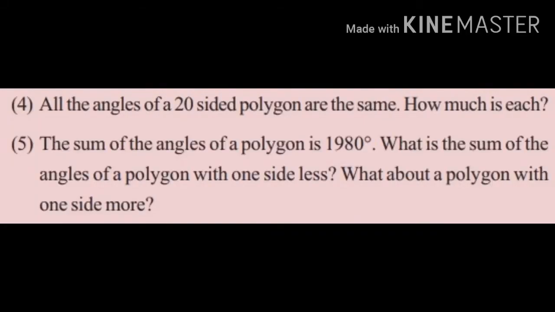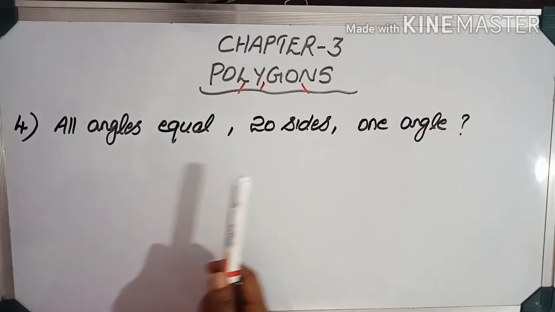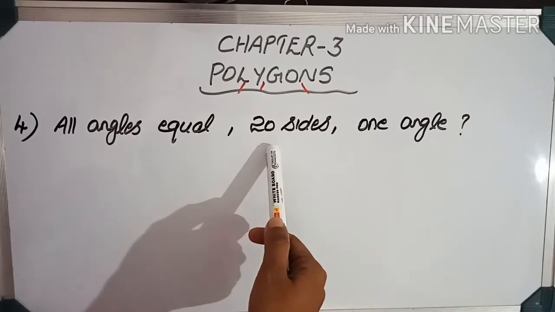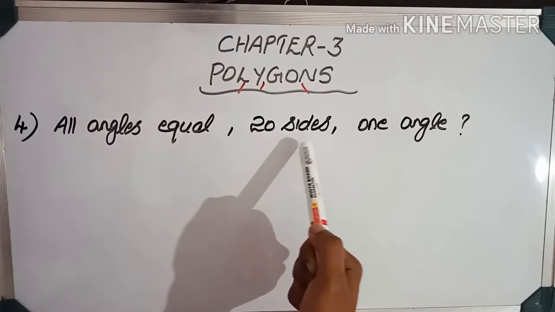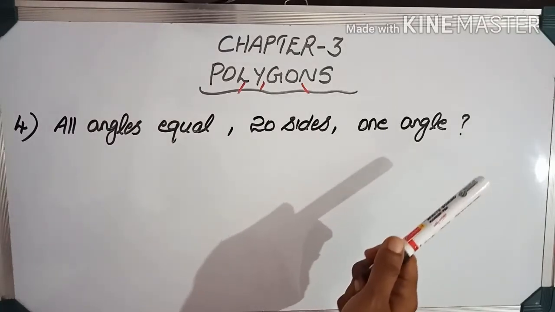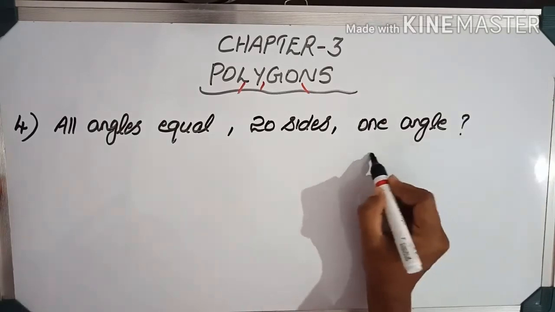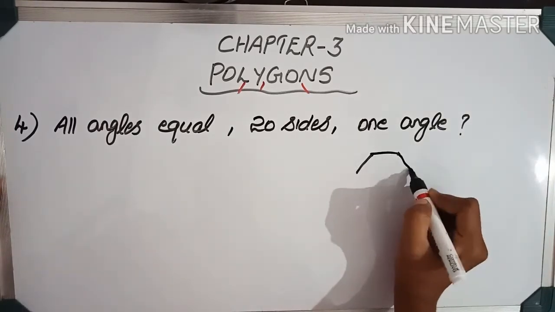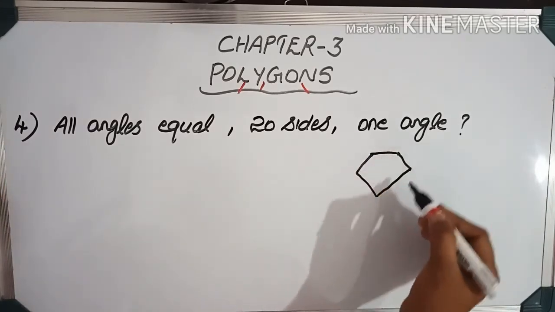Question number 4. All the angles of a 20-sided polygon are the same. How much is each? Here it is given that all angles of a polygon with 20 sides are equal. Number of sides is 20. We have to find one angle. For example, if it is a 5-sided figure, 1 2 3 4 5, all angles equal.